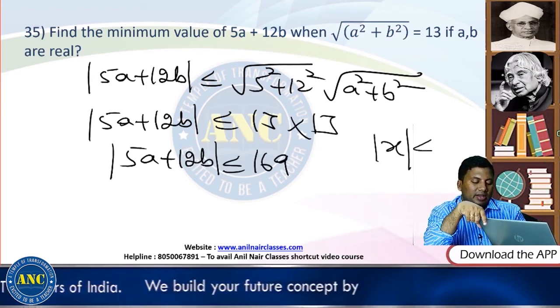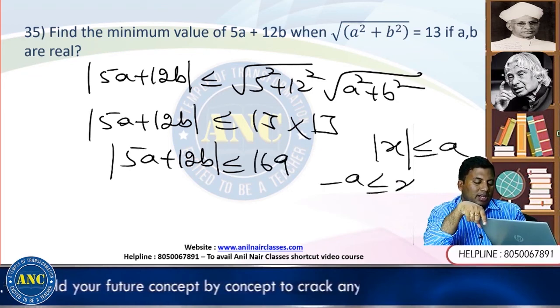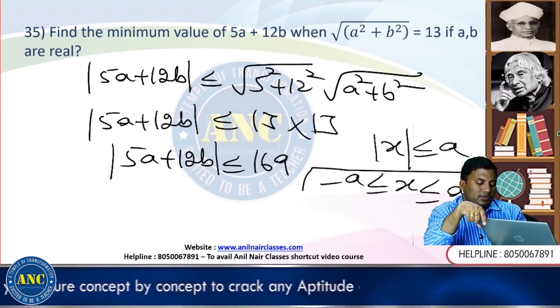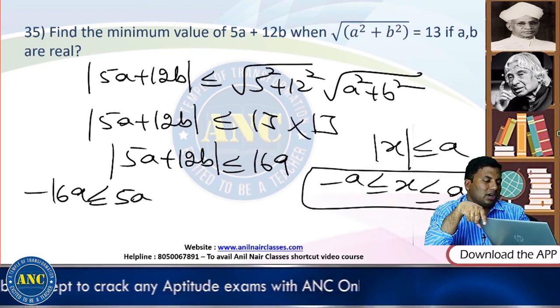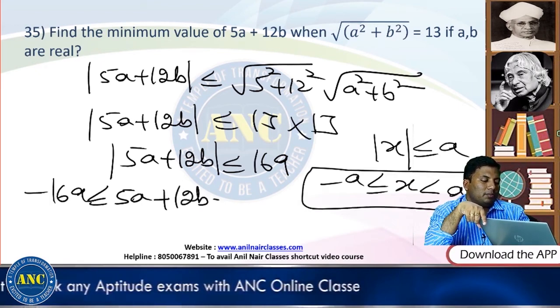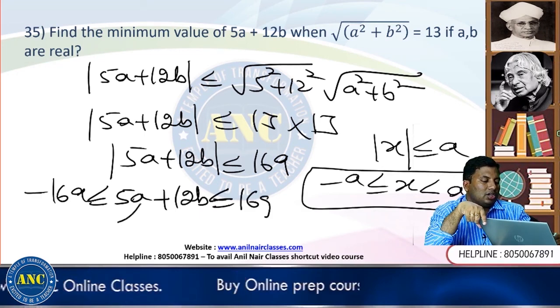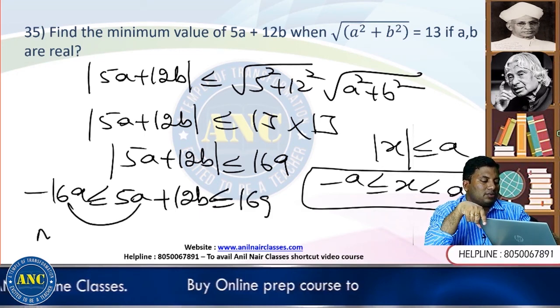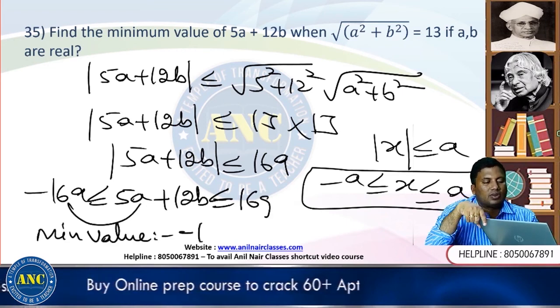We discussed in the second class, x lies from minus a to a. Minus 169 is less than or equivalent to 5a plus 12b, which is less than or equivalent to 169. So the minimum value is minus 169.